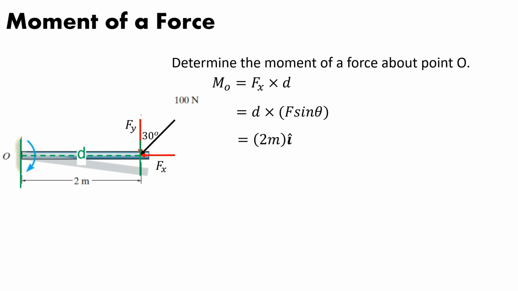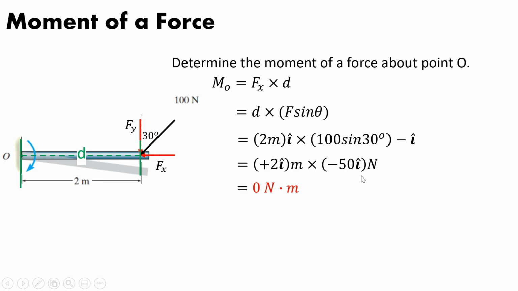The moment arm here is 2 i hat meters and the force is 100 Newton sine 30, and the direction of Fx is going to negative i hat. And we know i cross i is just equal to 0. So the moment of force here due to Fx, as we proved, is 0.